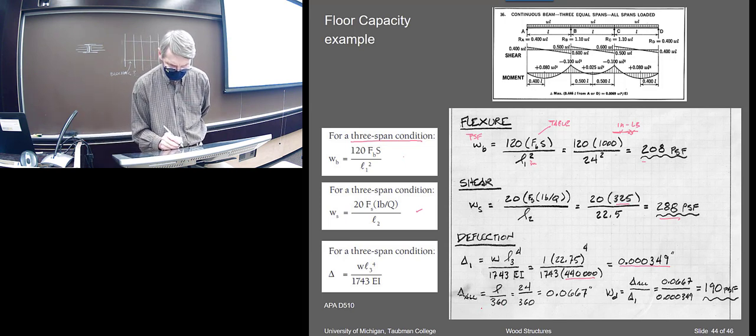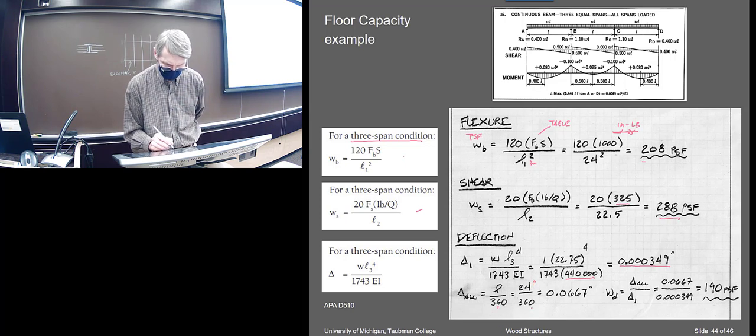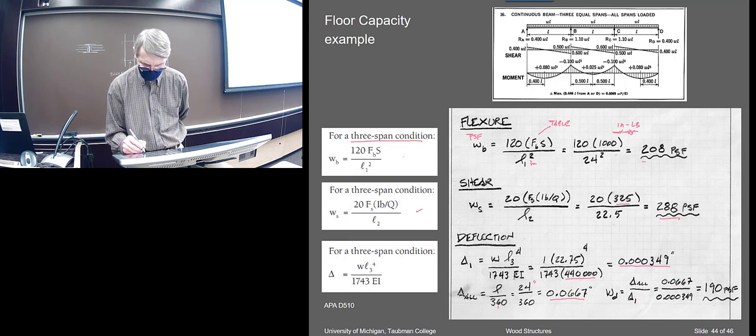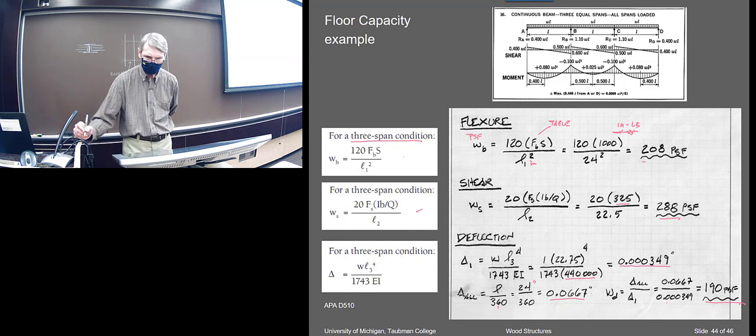And that you can go L over 360, so you take the limit you want to base that on, L over 360, so this is in inches, so that comes out to that limit in inches, and then you use the ratio of that limit, right, and this, and it gives you the PSF.